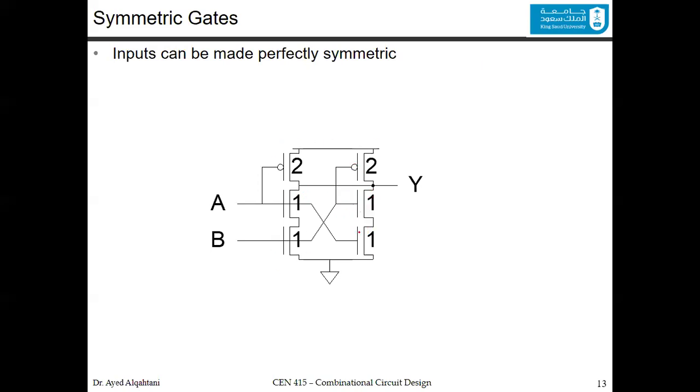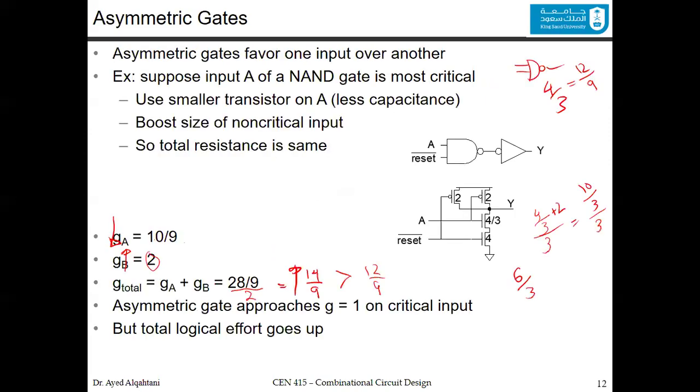But if you add those 2, one time A is near the output, and the other time A is near the rail, and similarly, but in the opposite direction for B, you get the symmetric gate.